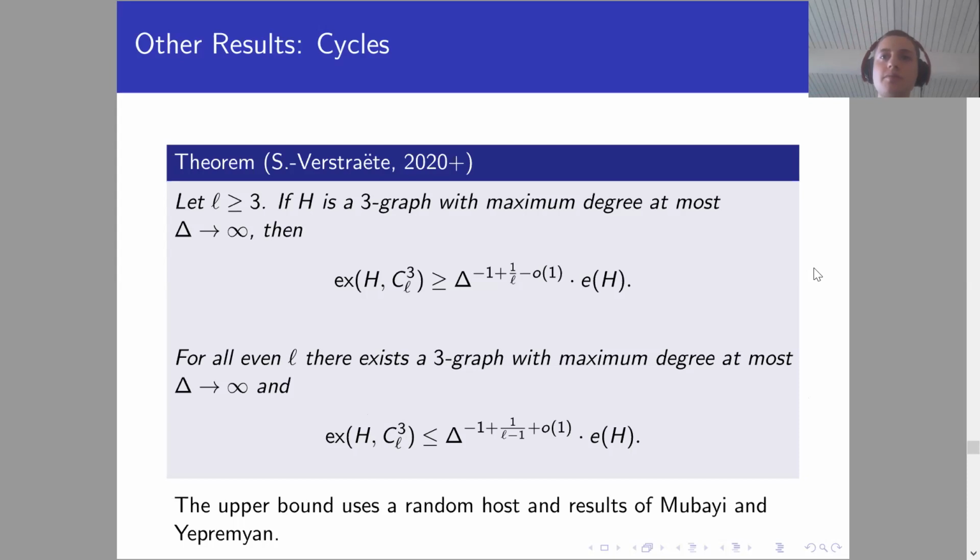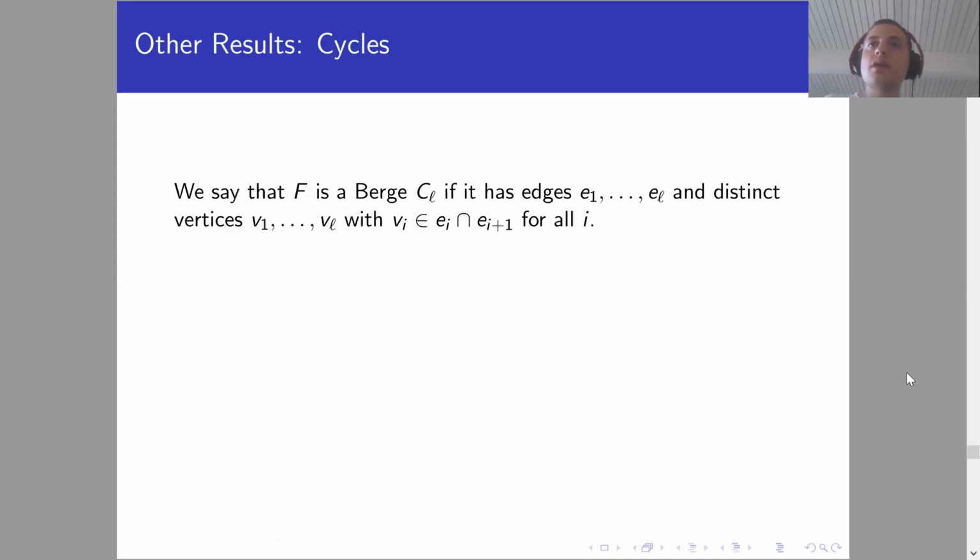And the upper bound mainly just relies on a result of Mbaye and Yefreman, proving bounds when H is a random hypergraph. It turns out when you choose the correct model of random hypergraph, you can get a bound of this form for even loose cycles. So that's what we know for loose cycles, and again, there's some pretty big gaps in our knowledge.